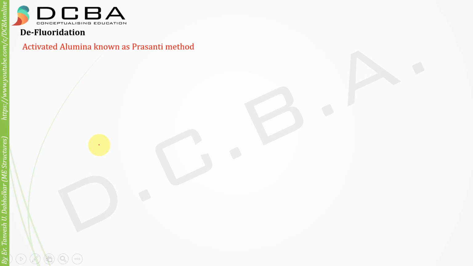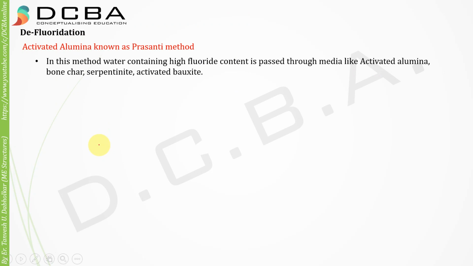So activated alumina, also known as the Prasanthi method. In this method, the water containing high fluoride is passed through media like activated alumina, bone char, serpentinite, and activated bauxite.